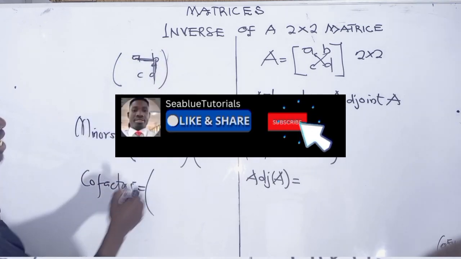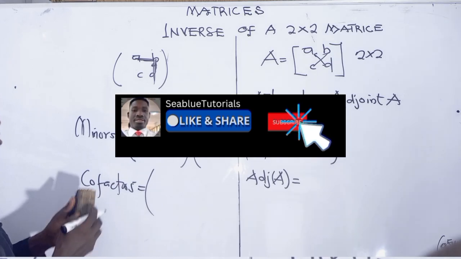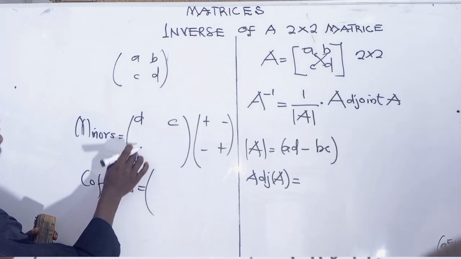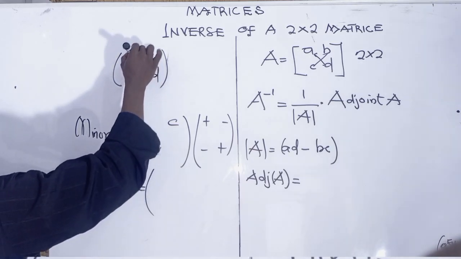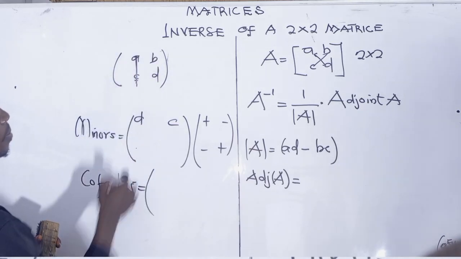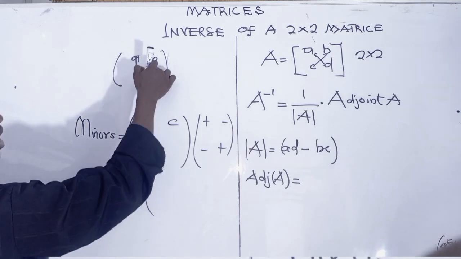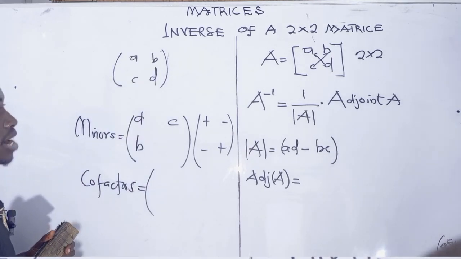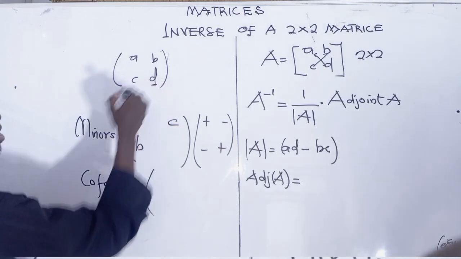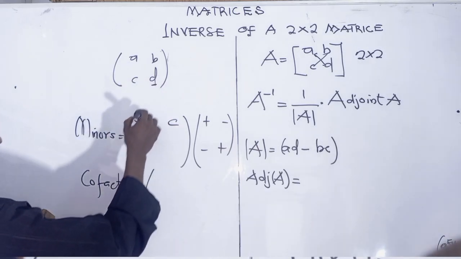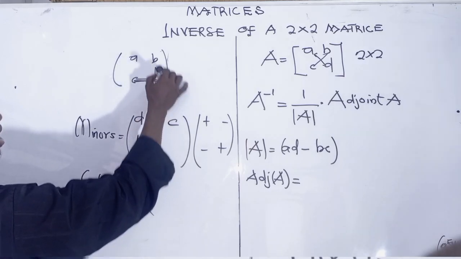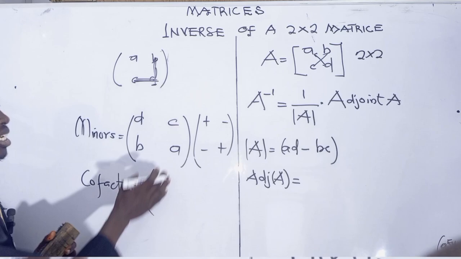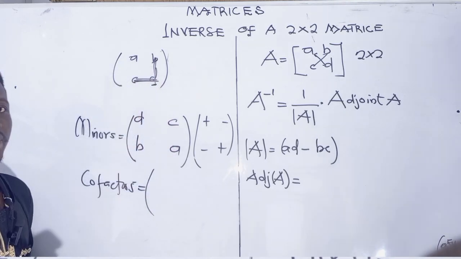We are left with the entry C. To find the minor for this entry, we are going to collapse this column and then this row. We are left with B. To find the minor for this entry, we are going to collapse this row and then this column. We are left with A. So this is the minors for this matrix A.